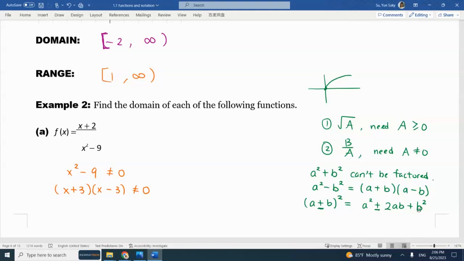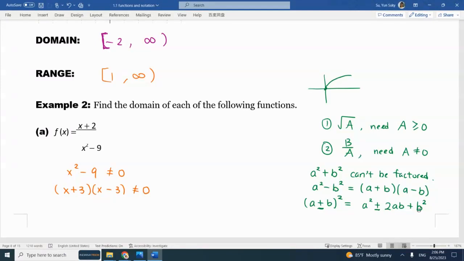When you distribute, a times a is a squared, and then a times b is ab, and then b times a is ba, and then b times b is b squared. Do you see ab and ba are the same? That's why you have the 2ab.